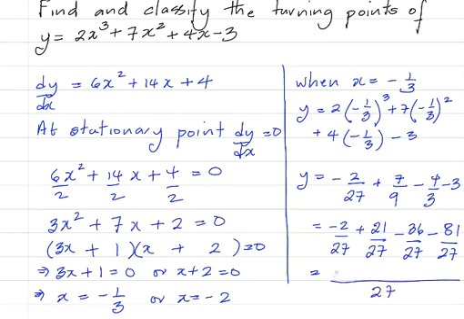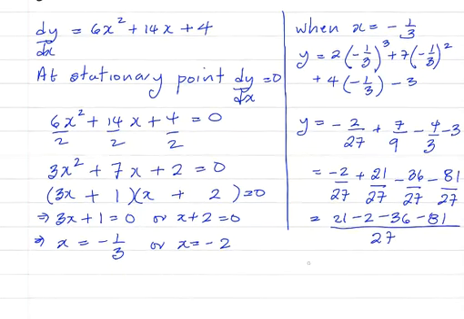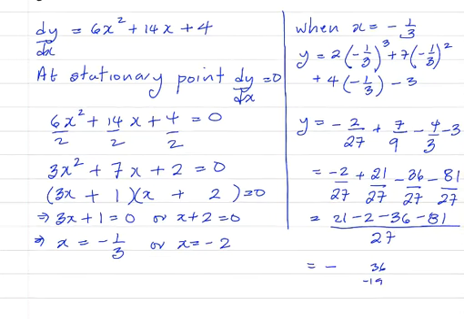We have 21 minus 2, which is 19, minus 36 gives minus 17, and minus 81 would be minus 98. So this is minus 98 over 27.